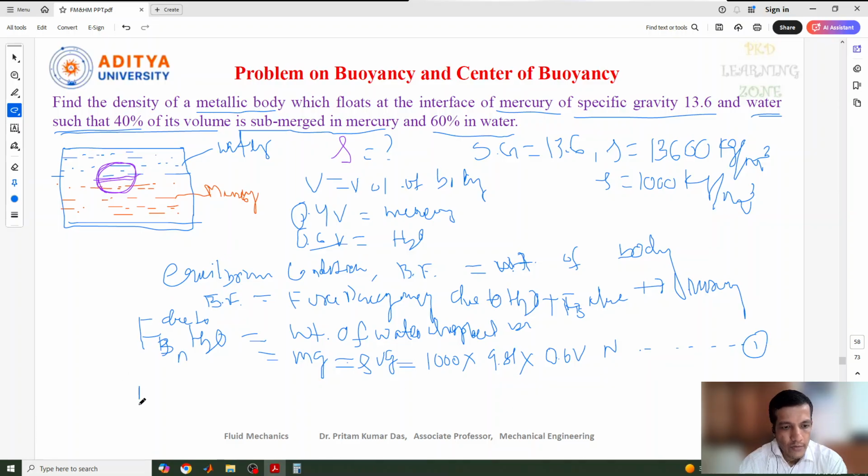Now similarly the force of buoyancy due to mercury, similar thing, again the weight of mercury displaced by the body.